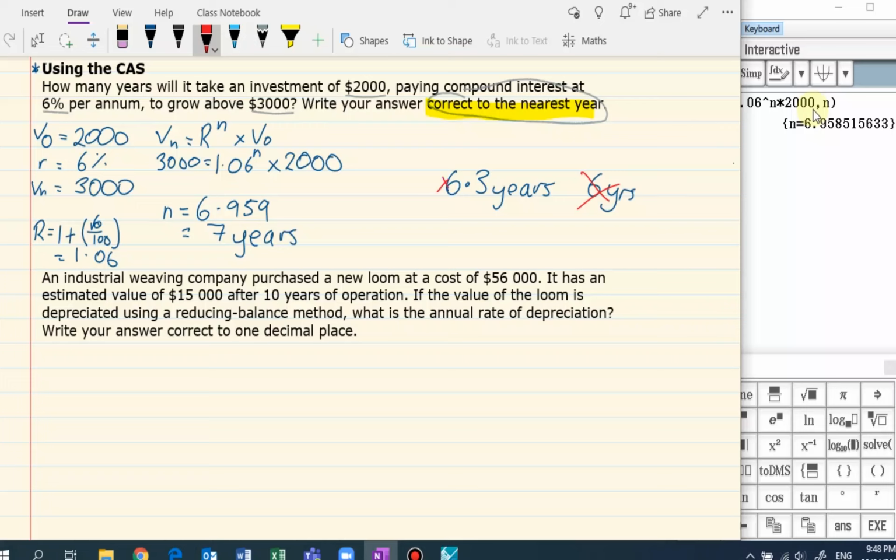In the context of the question, you should be saying it's going to take you 7 years.